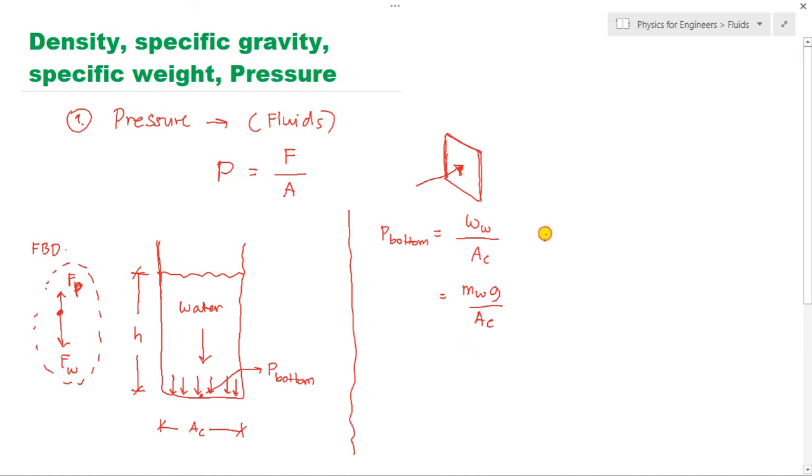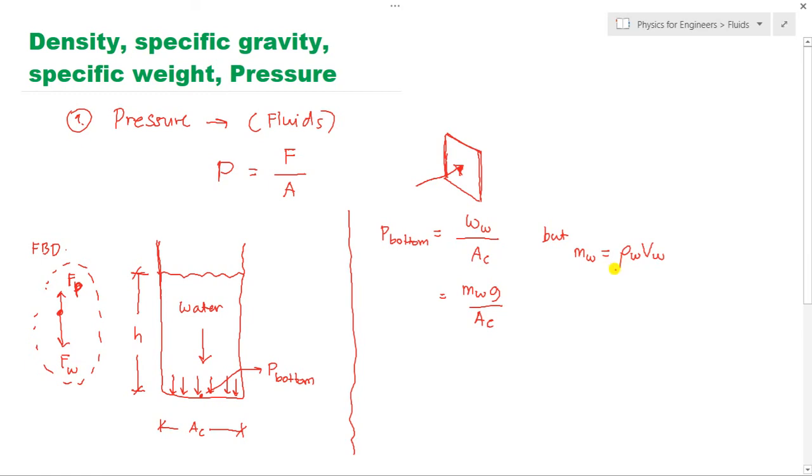But we know that the mass of the water, in terms of density and volume, is the density of the water times the volume of the water, right? From our first discussion about density, that is the relationship between the mass, the density, and the volume.